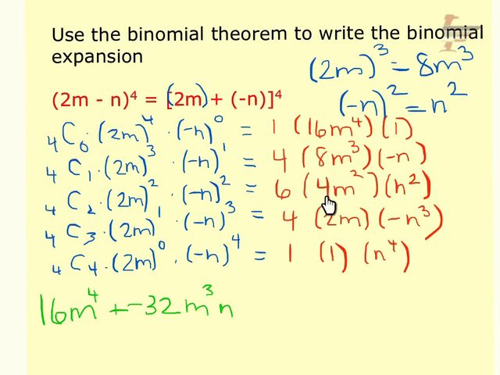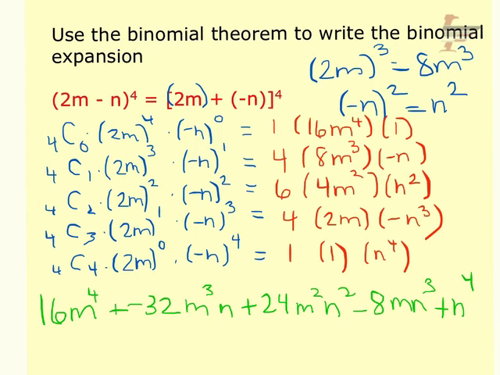My next piece, 6 times 4 is 24, so that's a plus 24m squared n squared. 4 times 2 is 8, times a negative is a negative 8, and that's m n cubed. And my last piece, 1 times 1 is 1, so I just have n to the 4th.